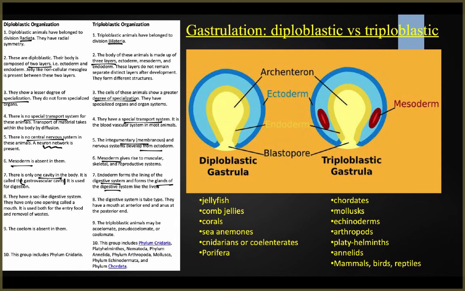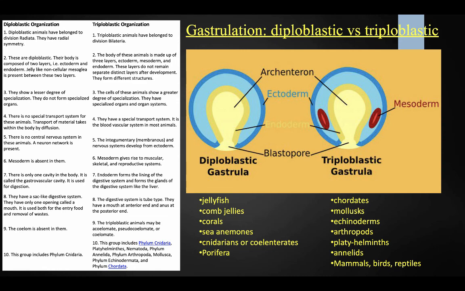It's more complex. It has a sac-like digestive system, has a tube. This talks about the different types of triploblastic. You have the cilium there, or it's absent, sorry. Here you can either have the pseudo or the full. And then of course the groups here. So that's just kind of an overview of looking at the two.